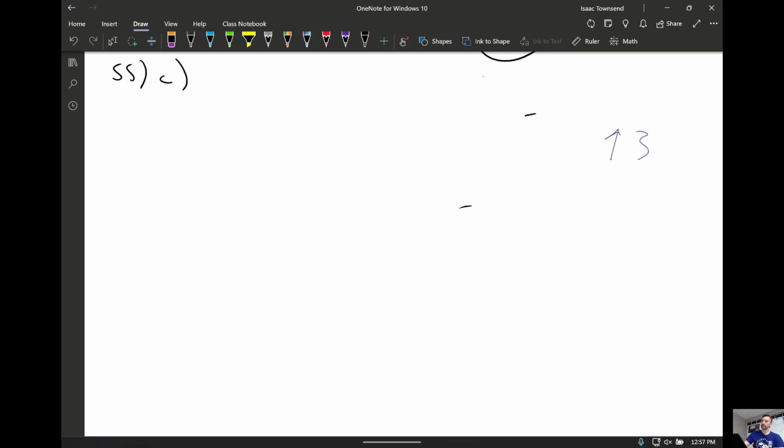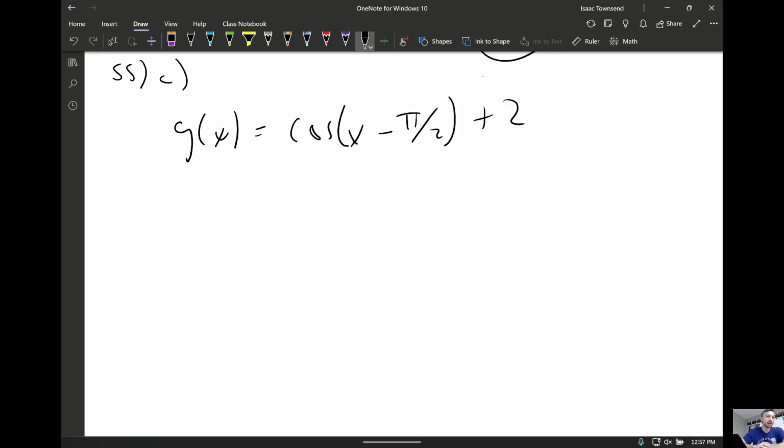Okay, and then 55C, I have to look at. 55 does this equation. And in that, G is related to a parent function where f of x is sine of x or cosine of x. In this question, it would be cosine x because there's a cosine here. Describe the sequence of transformations to go from f to g.